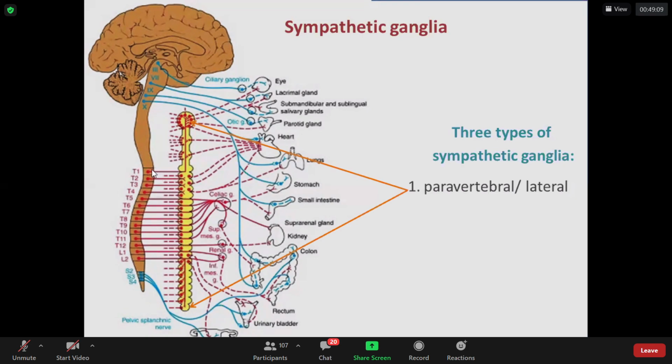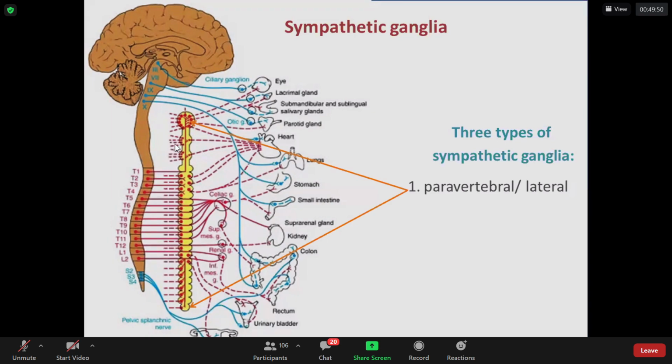You see, there are spinal cord segments, 7 segments in the 7 cervical vertebrae, 12 segments within the 12 thoracic vertebrae, and 5 lumbar segments within the 5 lumbar vertebrae. So the number of segments of the spinal cord is equal to the number of vertebrae.